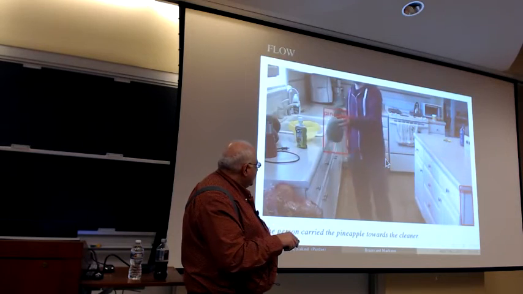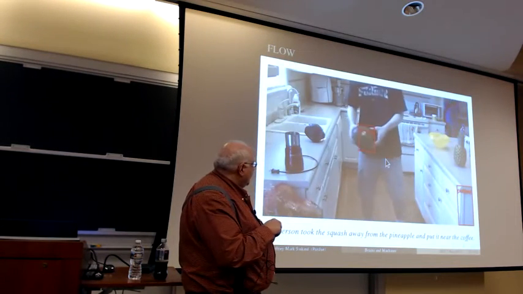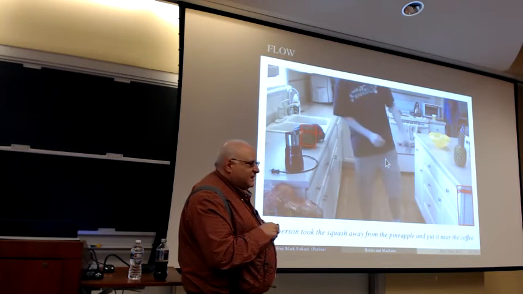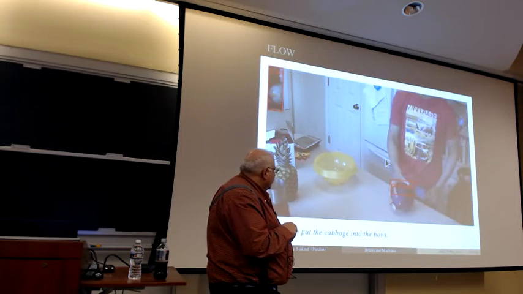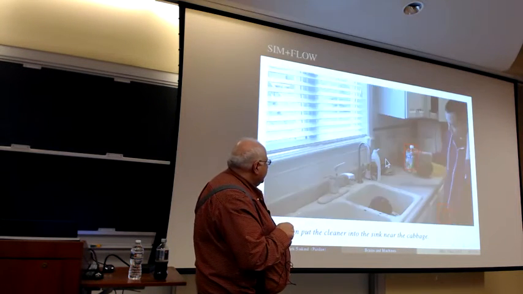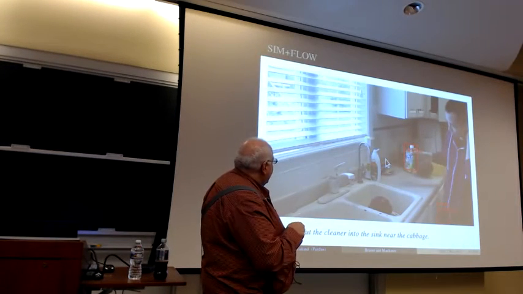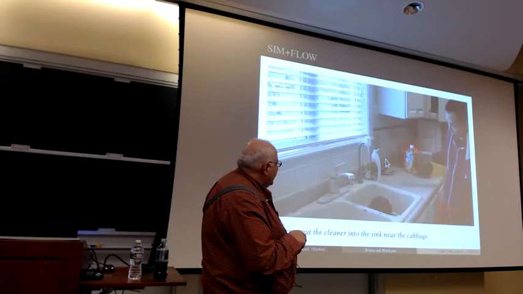We get the moving object, but neither of the stationary objects, not the pineapple or the coffee grinder. If we do similarity in flow, we get the moving object, but not the stationary object.